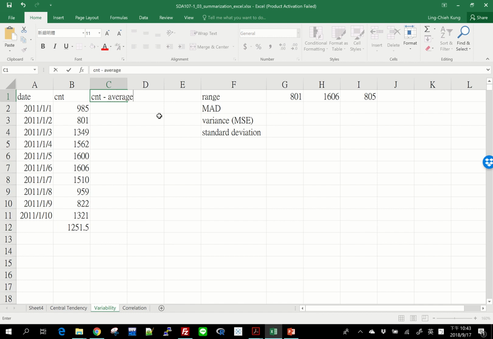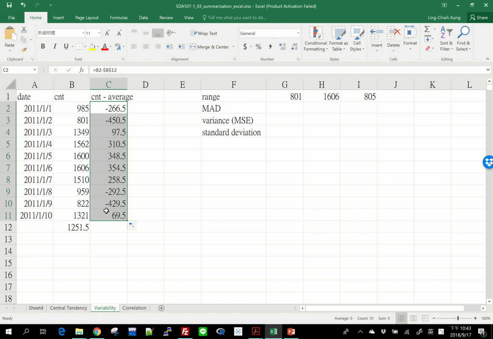So I'm going to use CNT minus the average value. Okay, so this number minus that number, and of course here for B12, because I know later I'm going to copy and paste those formulas, here I'm going to fix the two dimensions. Okay, so I get all these values as the deviation.